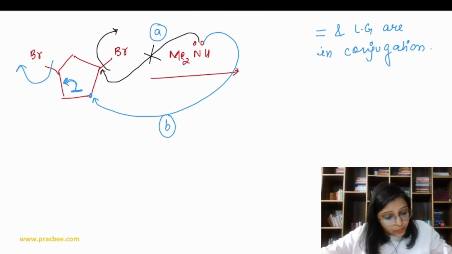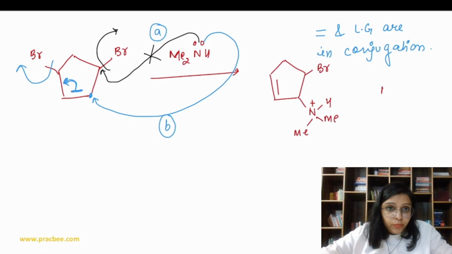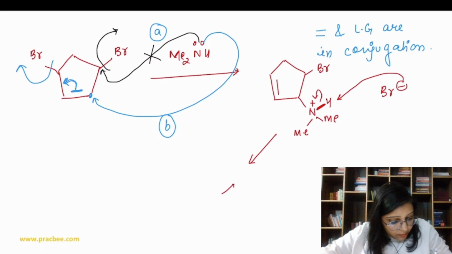So what do we have? We are going to write this product. Here we write NH positive, and here we write Me and Me, and this is going to be Br. Now Br minus abstracts a proton and the electrons of this bond shift to nitrogen. So we have this situation, Br and Me and Me.